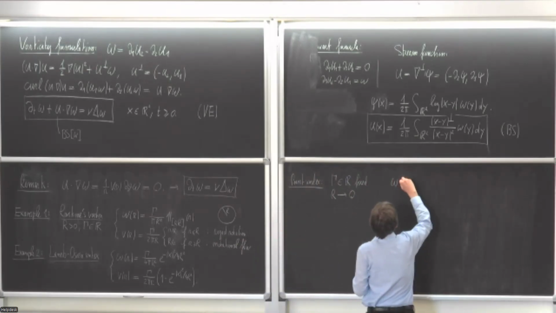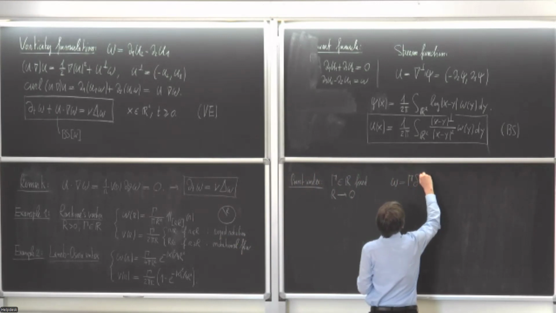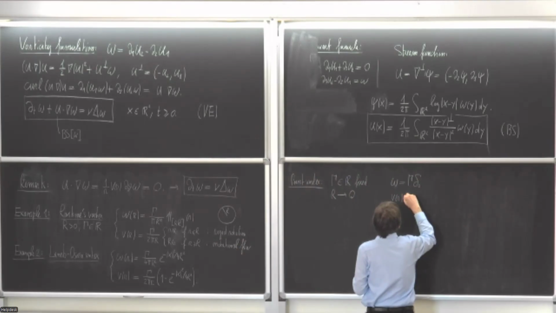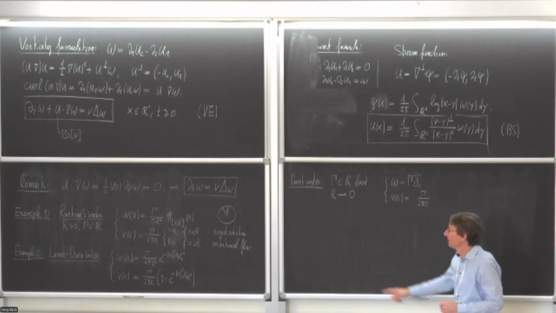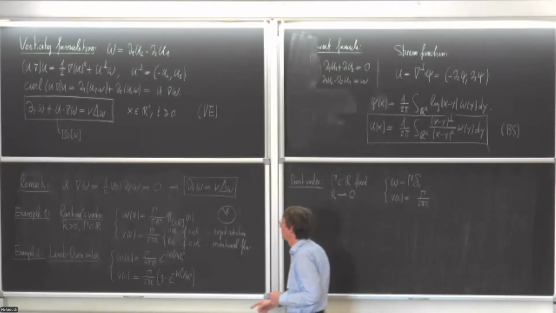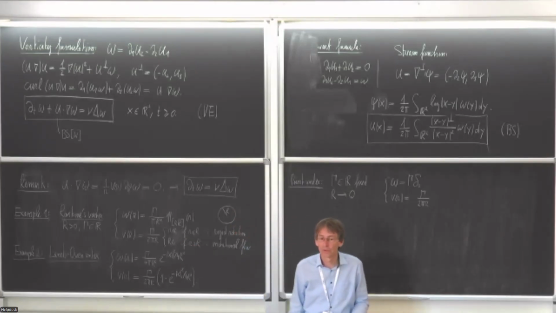You find that omega is gamma times the Dirac mass at the origin, say, and that V of R is gamma over 2 pi R. In both formulas you obtain, if I am correct, the same expression. So this is the velocity field of a point vortex.